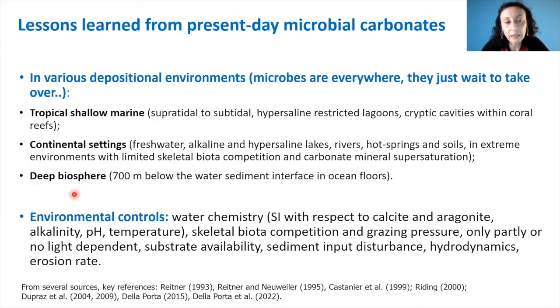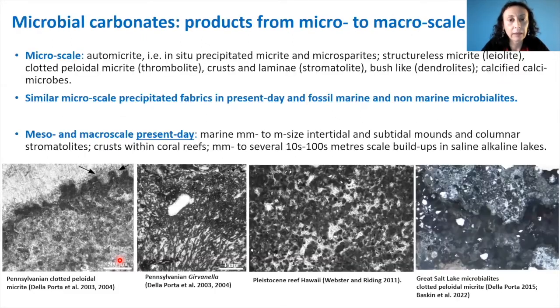In all these settings, microbial precipitation is controlled by some important parameters. First of all, the water chemistry and the high supersaturation, the lack of skeletal biota competition and the availability of substrate. And as we said, many mechanisms that drive carbonate precipitation are light independent.